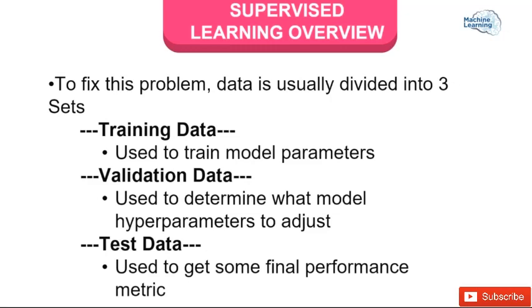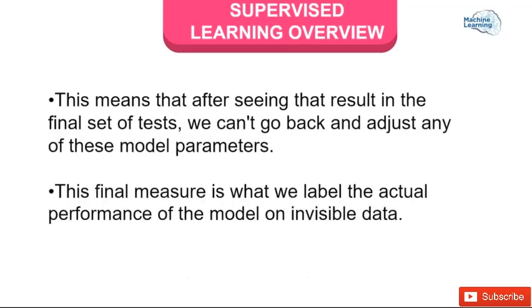Otherwise, you're going to fool yourself again about the actual performance of the model on unseen data. So after seeing that result on the final test, we can't go back and adjust any of these model parameters. This final measure is what we label the actual performance of the model on unseen data.